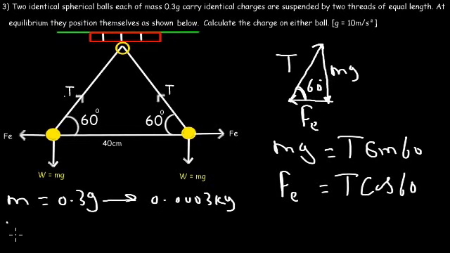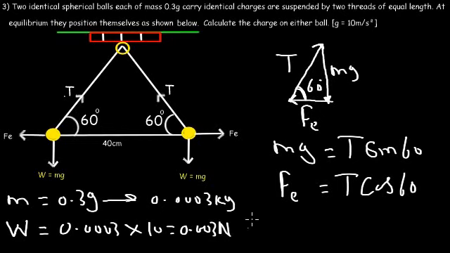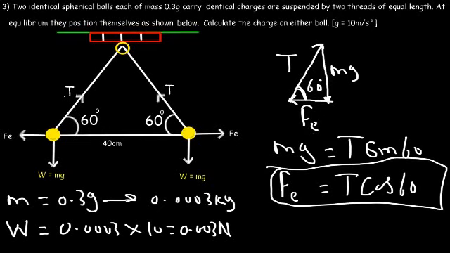So we can find the weight force: 0.0003 multiplied by 10, and the weight force results in 0.003 Newton. Now, having gotten the weight force, I can get the tension force according to the first equation, and having gotten the tension force, I can also get the electric force with the second equation.